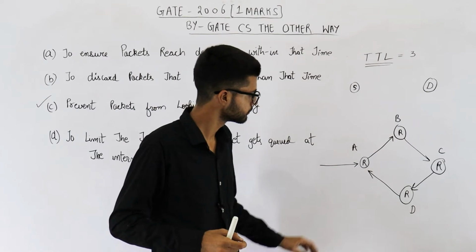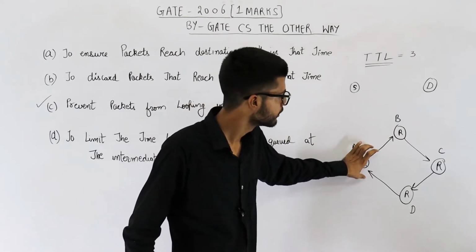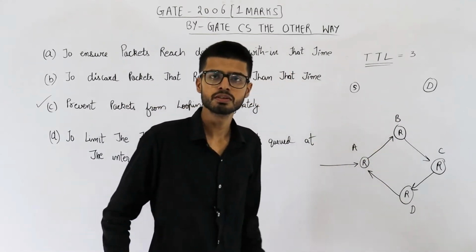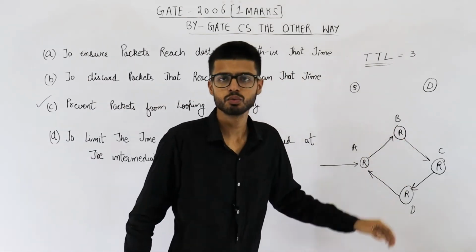Now what is happening? Routers are actually forwarding packets. Routers processing power is being used. The link is being used. But efficiently we are doing nothing because the packet is looping between these 4 routers only.